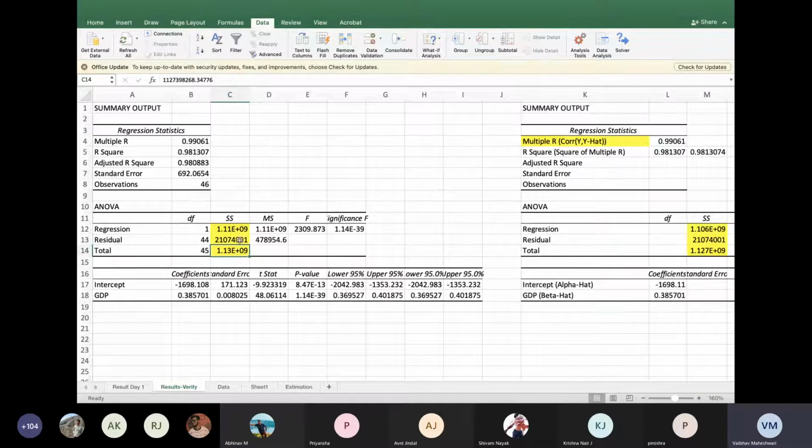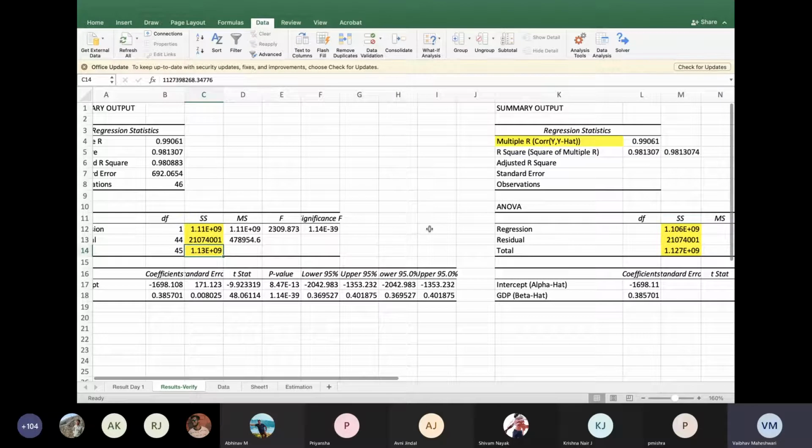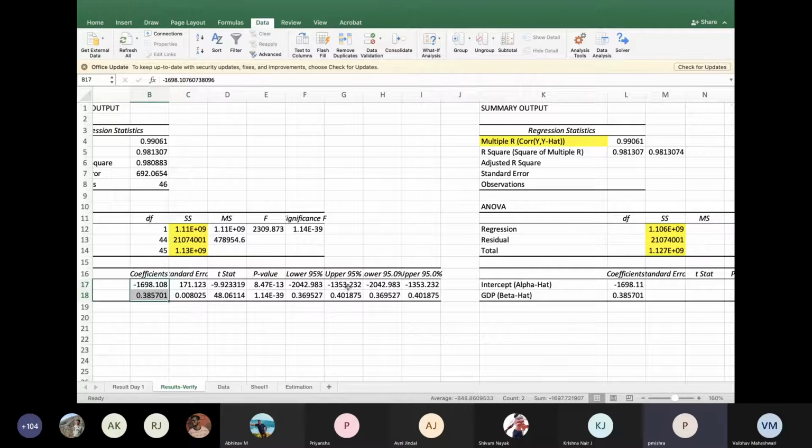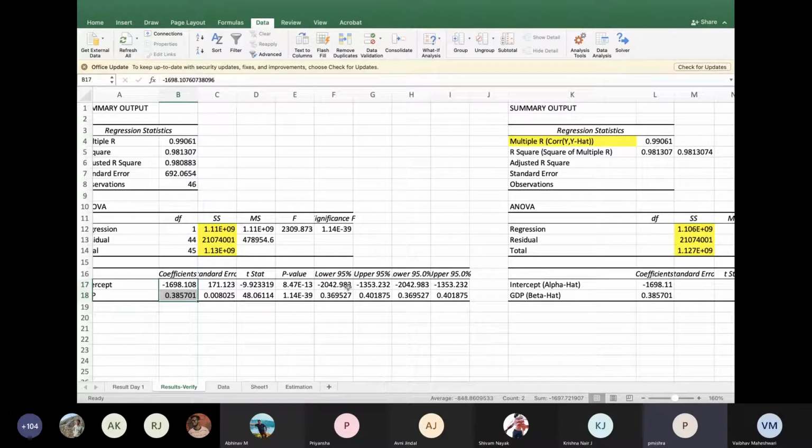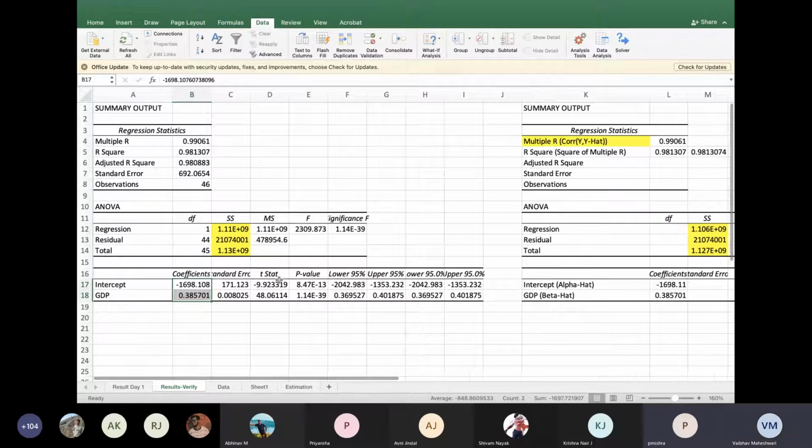What are its implications? What is percentile? What these coefficients are? No. I am saying when you are using the data analysis tool pack, then straight away you are getting the regression results. Yes, right? Sir. Yes, sir.